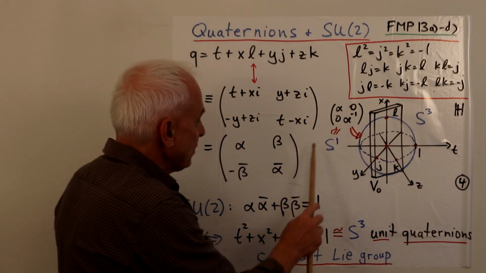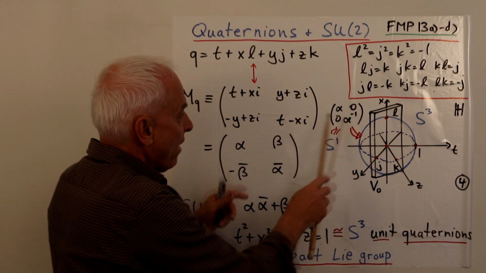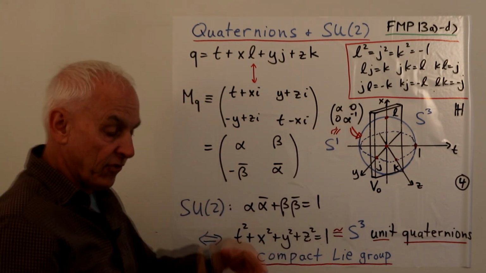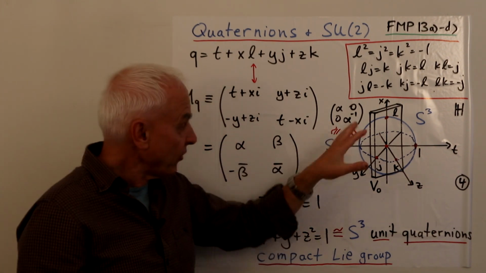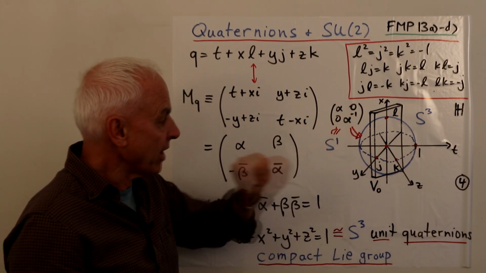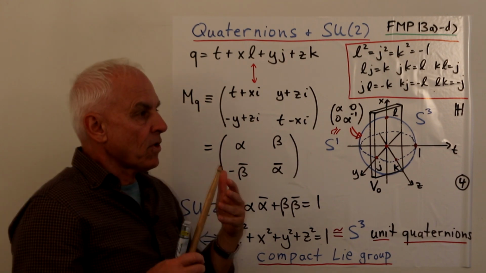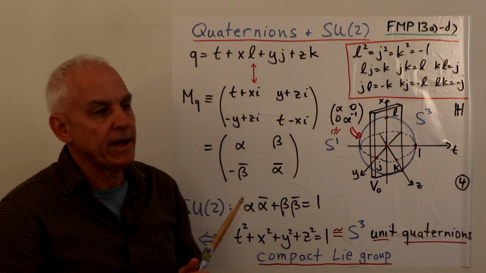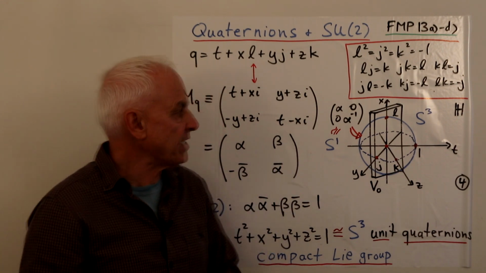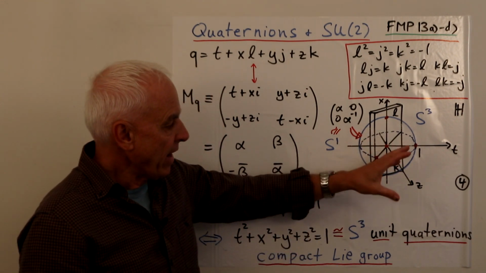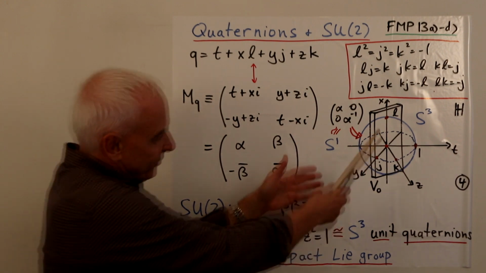So those are things of the form alpha, 0, 0, alpha inverse, because if alpha is a unit complex number, then its conjugate is the same as its inverse. So we can rewrite it like this. And the Weyl character formula is really describing the characters of the irreducible representations of SU2, and we can think about that in this model.